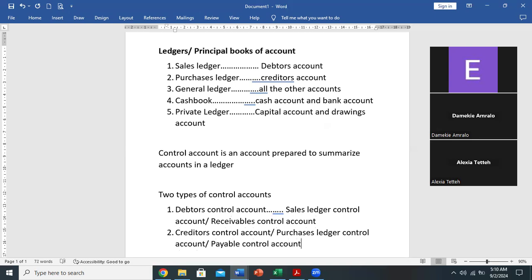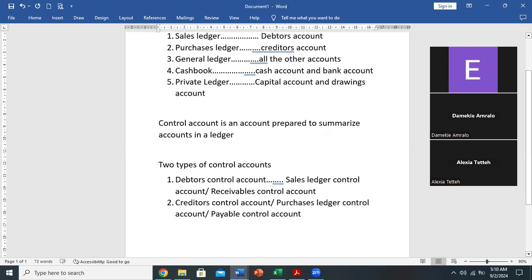Okay, trade payables. Now, one thing we need to grasp to be very successful in this topic is that we need to know the items to put in these two types of control account.